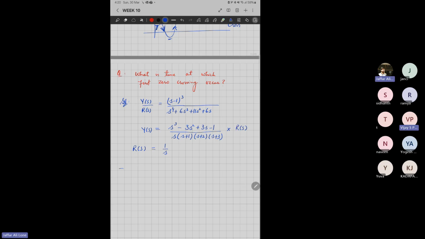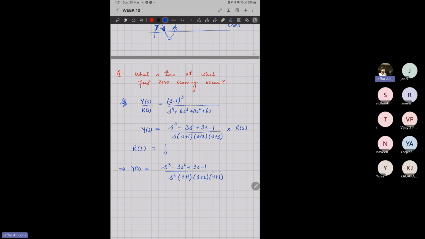So it implies Y(s) is equal to (s^3 minus 3s^2 plus 3s minus 1) divided by s^2 into (s plus 1) into (s plus 2) into (s plus 3).